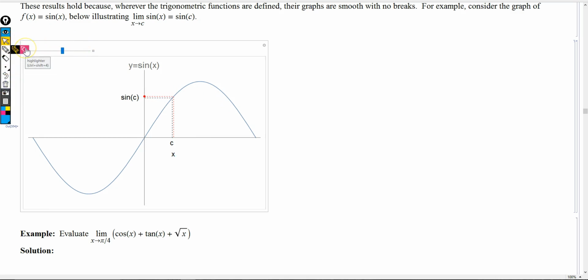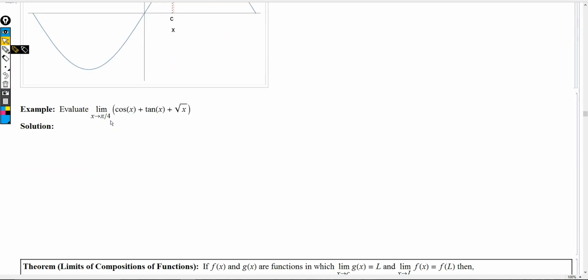Let's take a look at this. So evaluate the limit as x approaches pi over 4 of cosine x plus tangent x plus root x. Okay. Well, we can just plug pi over 4 in for all the x's. Okay. Technically, you notice that really when I do that, I'm distributing the limit with both the cosine, the tangent, and the root x by the sum and difference rule, and then I'm plugging pi over 4 in for each x, right?